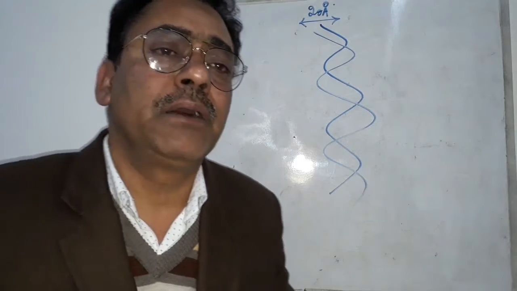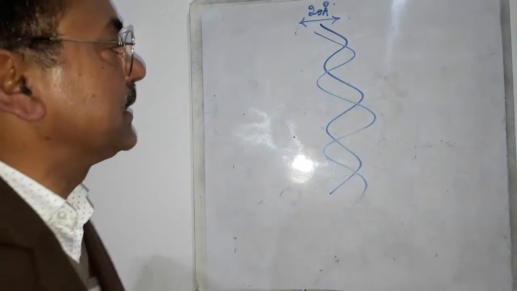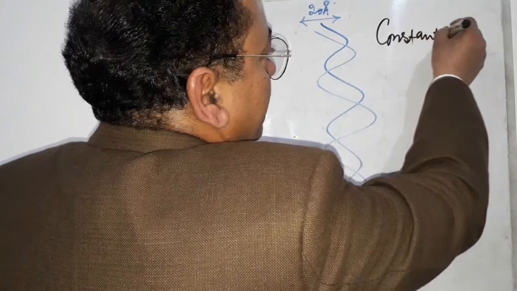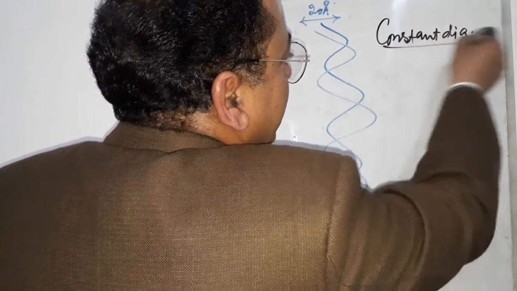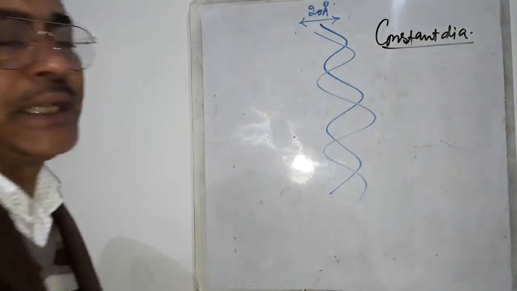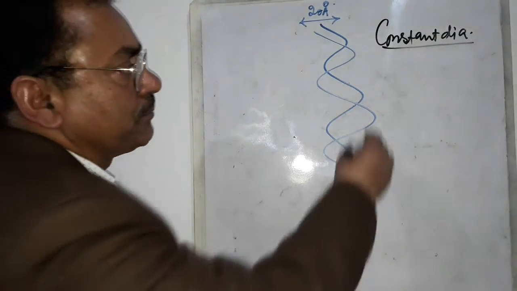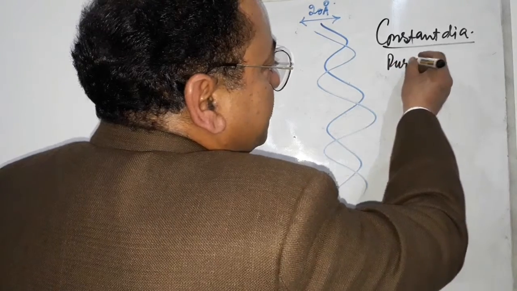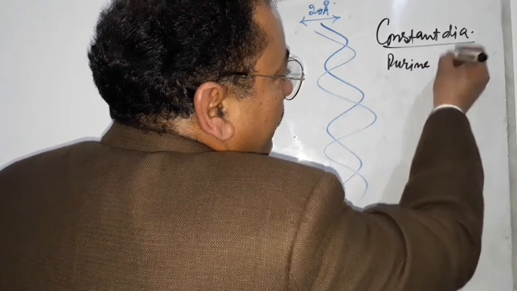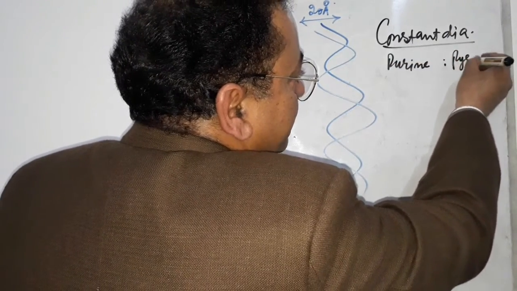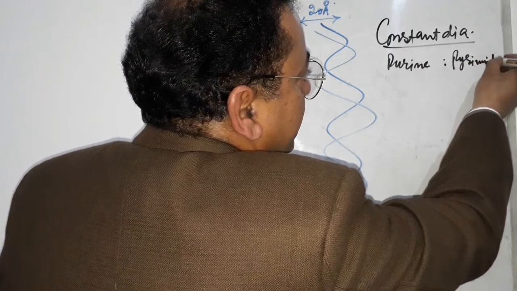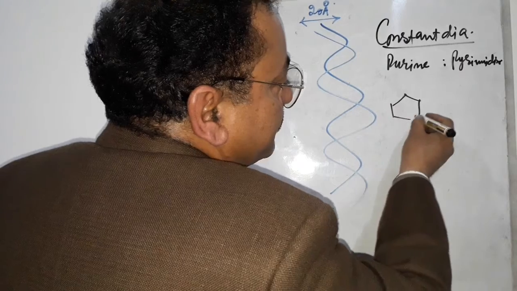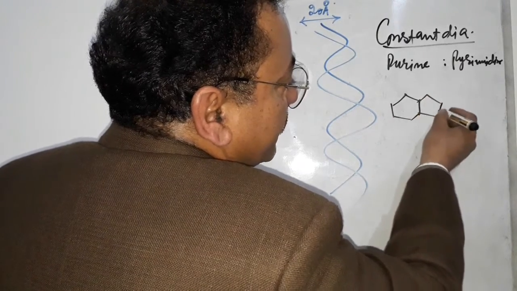And this constant diameter in the DNA is maintained by choice of base pairing. You know that in DNA, a purine always pairs with what? A pyrimidine. Purines are dicyclic, like this.